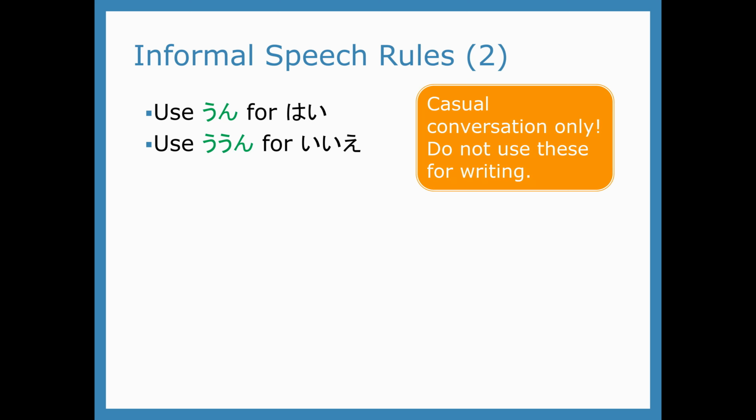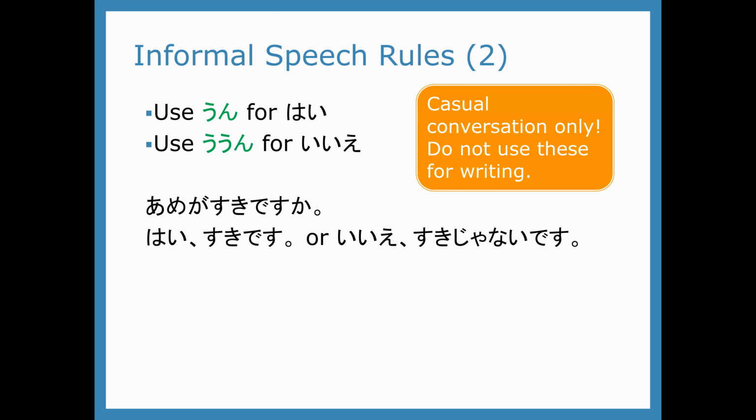So we use these only when we're speaking, or maybe we might use them in a text message to our close friends. So the point is, you don't want to use these in an email to sensei or in an essay. That sounds strange. So we only use these when we're having a casual conversation.